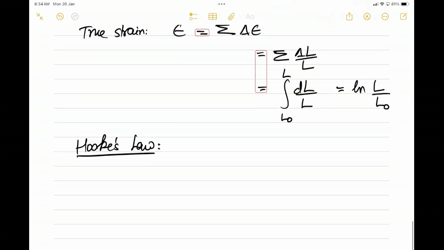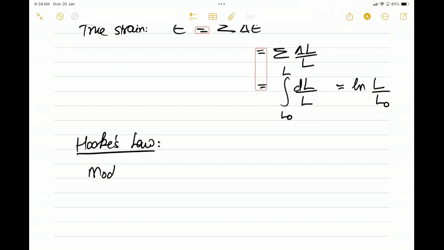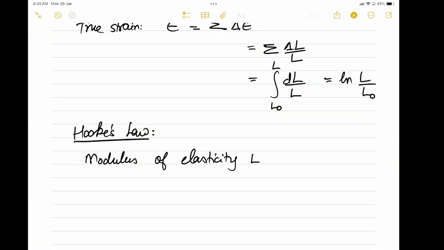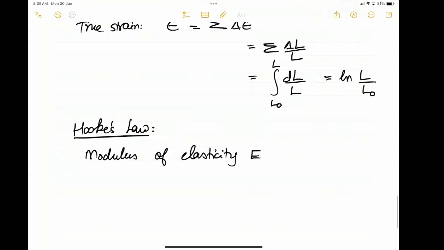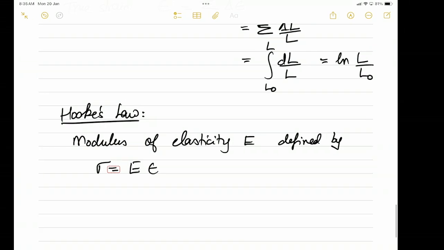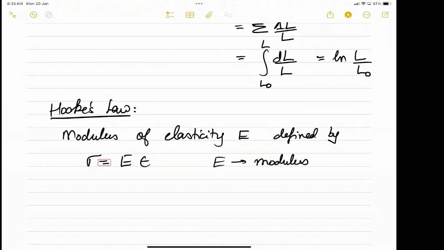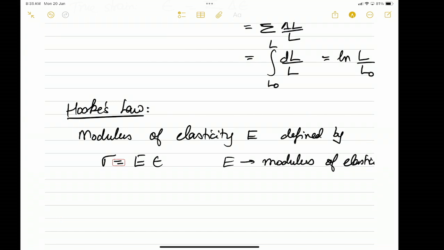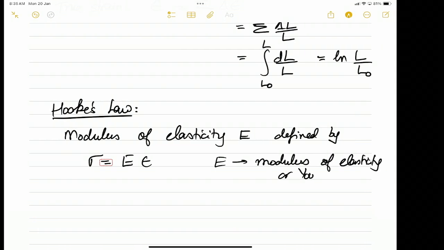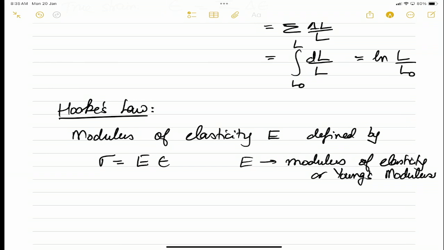So this gives us Hooke's law, and we define sigma equal to E epsilon, where E is called the modulus of elasticity or Young's modulus.